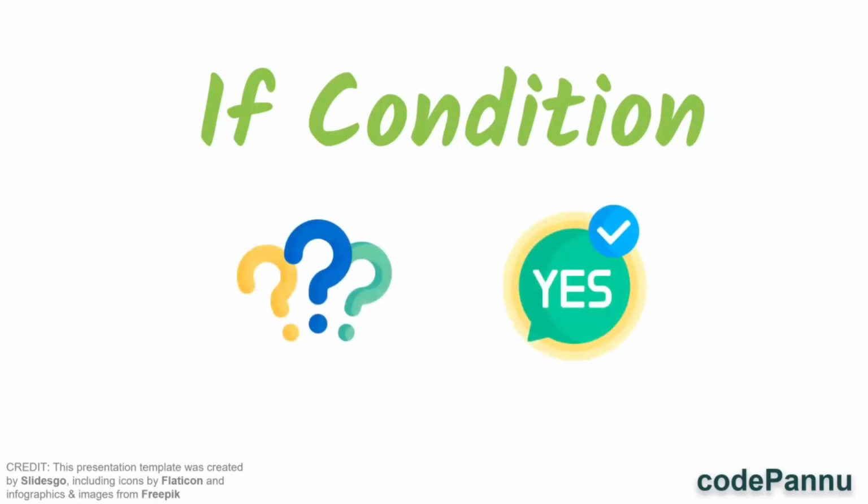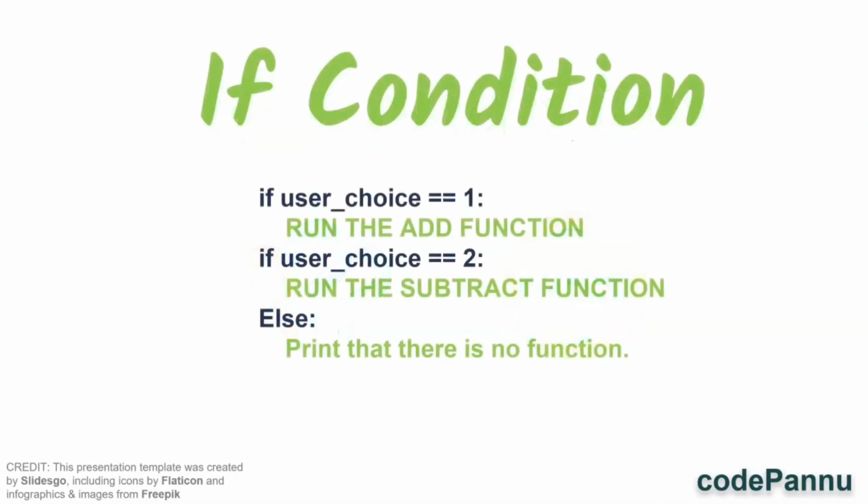Yes. So we are going to write an if condition here to check the user's choice, to run either add function or subtract function. If user underscore choice is equal to 1, run the add function. If user underscore choice is equal to 2, run the subtract function. Else, print that there is no function.